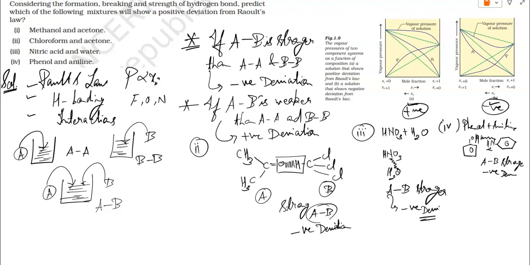But if you take option number one, that is methanol and acetone, methanol is CH3OH and acetone is CH3COCH3. When you talk about this kind of system, remember that if you take the methanol, there will be good hydrogen bonding between the hydroxyl groups of the methanol.